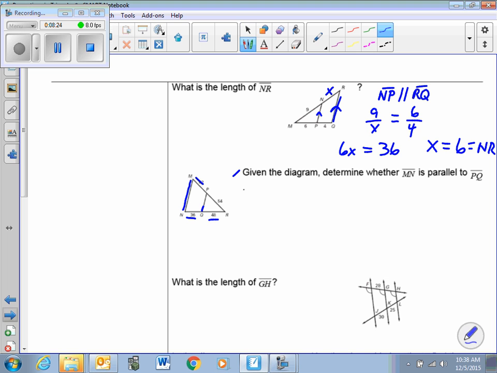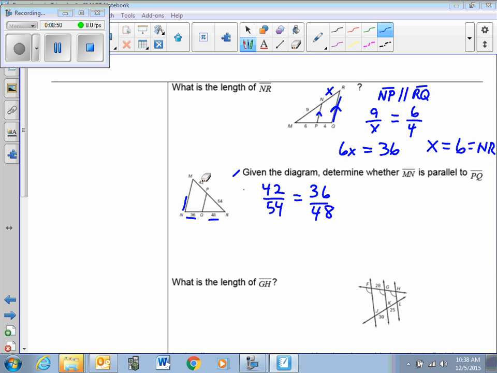I have to erase that so I can see my numbers. Alright, so if 42 over 54 equals 36 over 48, then I know that MN is parallel to PQ.